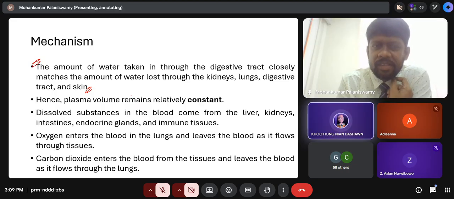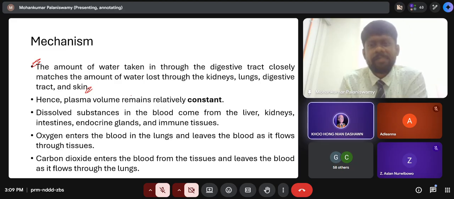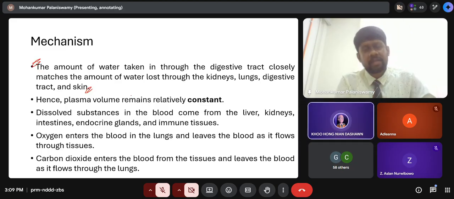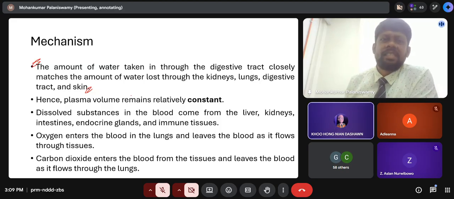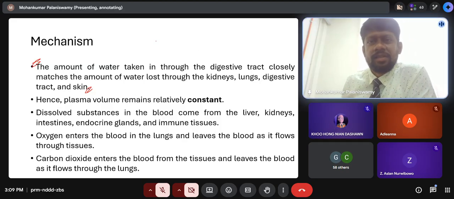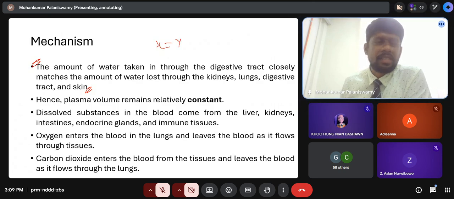And it matches the amount of water lost through the kidneys, lungs, digestive tract, and skin, meaning when we're sweating, breathing, and excreting liquids from our body, it's the same so that we don't become dehydrated. Yes, exactly. So it's like X equals Y.